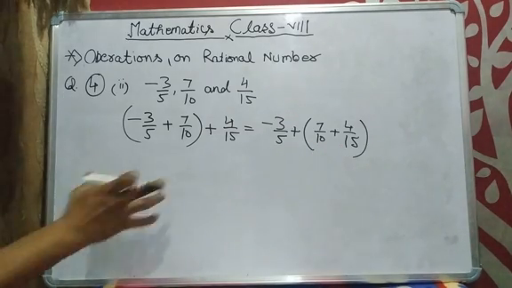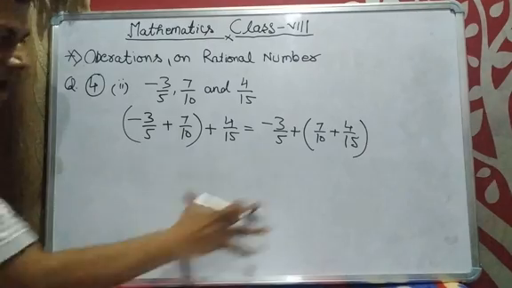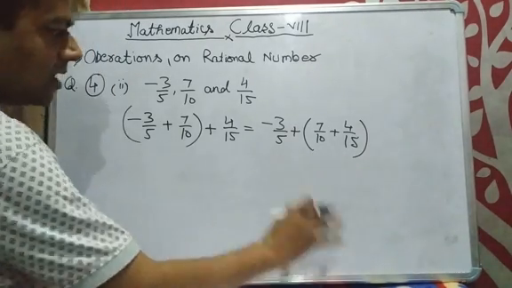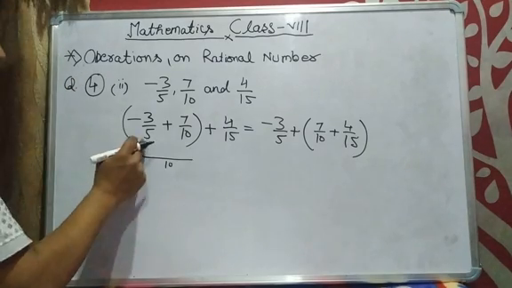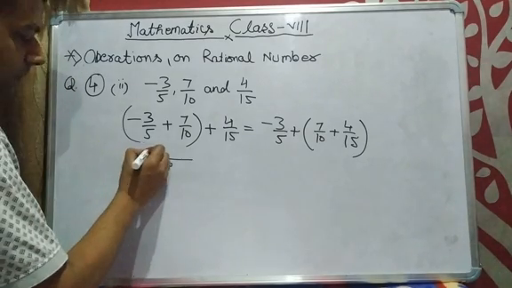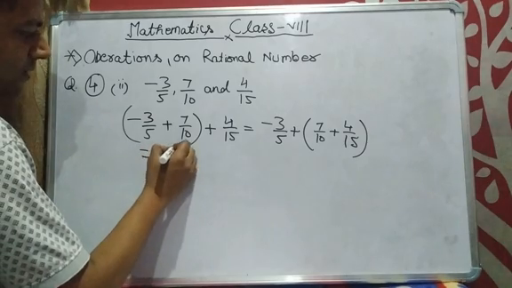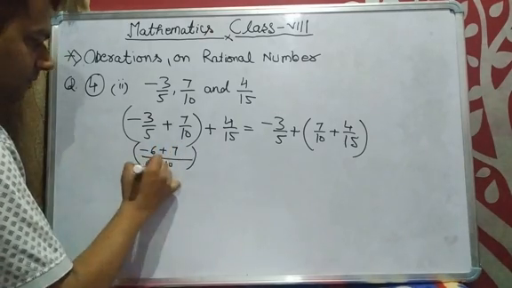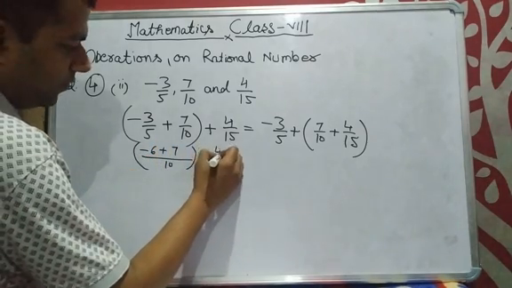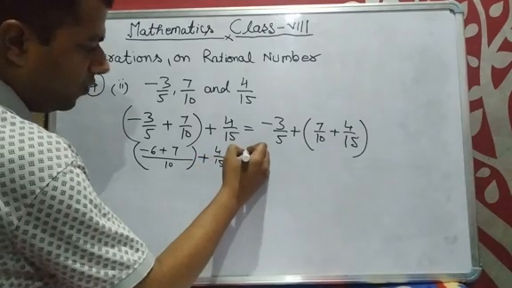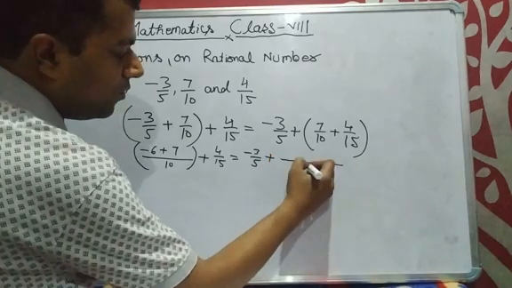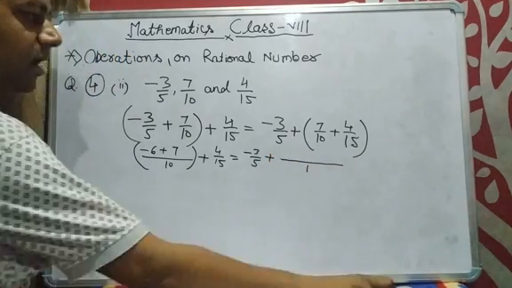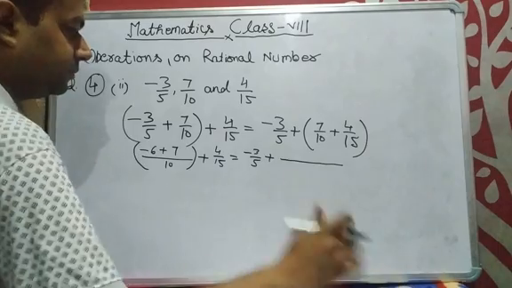Now separately we have to solve this one and this one. How to solve? Have a look. 10 and 5, 2 times, 2 times 3 is 6, plus 7. Bracket 4 upon 15 equals minus 3 upon 5 plus, it is not 15, the LCM will be 30.